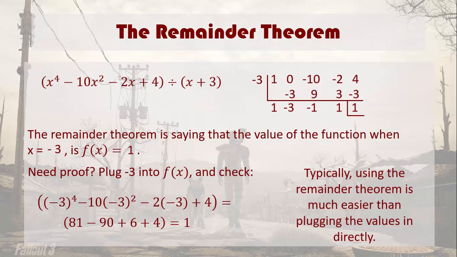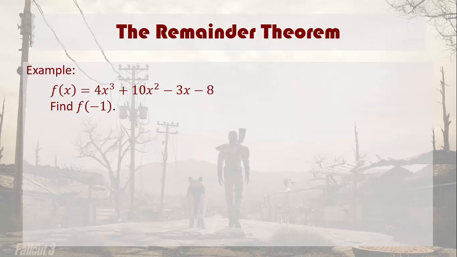Alright, so let's try another example. Find out what y is when x equals -1 and use synthetic division to do it. This gives us a little bit of practice on doing our synthetic division.